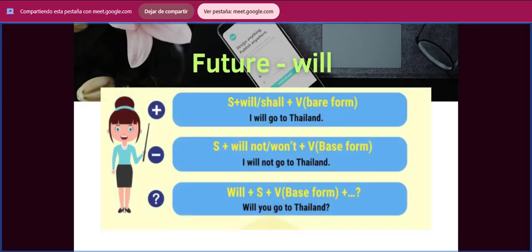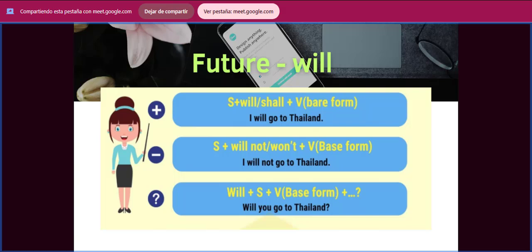So to start with the future, I have to tell you that the future is a little bit easier than the past and the present. And now that you have some base, it is even simpler. Basically, for this first form, we'll study the use of will, and the formula for the affirmative sentence will include the subject that we already know.